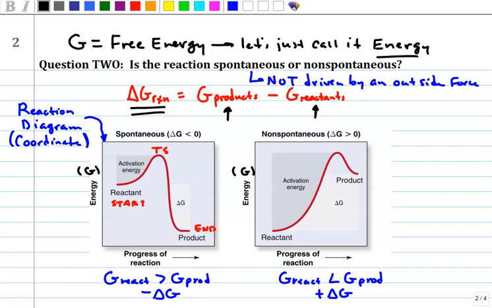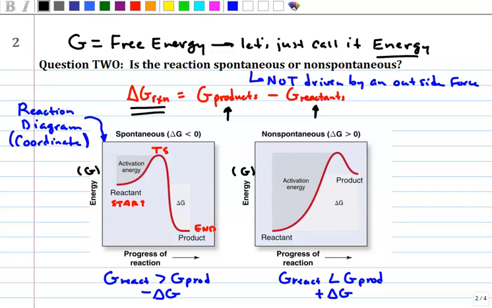Well, let's look over here on the left at this reaction diagram. There's no numbers on this diagram, and there doesn't need to be for this discussion. I think you can see clearly in the reaction diagram on the left the energy of the reactant is higher than the energy of the product.